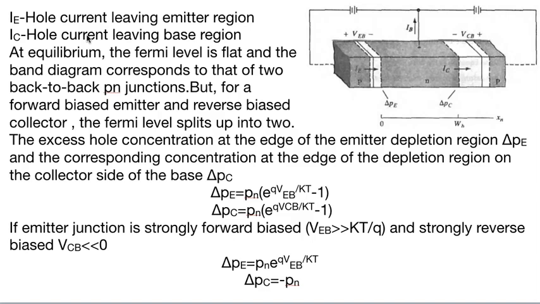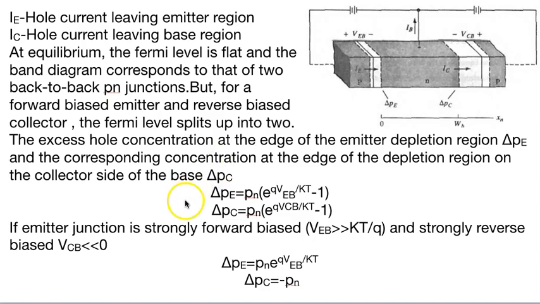The excess hole concentration at the edge of the emitter depletion region becomes del PE. That is the change in the majority charge carriers, that is holes. The corresponding concentration at the end of the depletion region on the collector side of the base region becomes del PC.